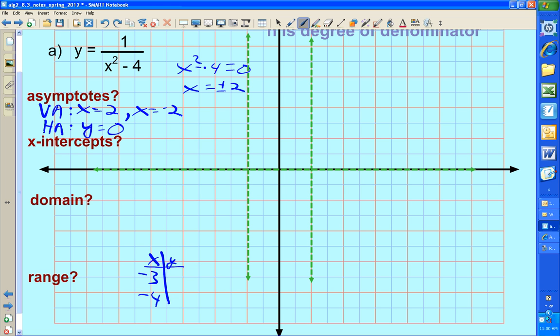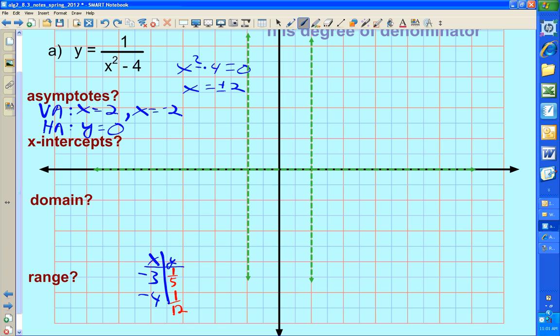When you plug in a -3 for x, what do you get for y? 1/5. When you plug in a -4 for x, 1/12. They're not the prettiest numbers. How would you describe them? Small would be a good word. They're small.